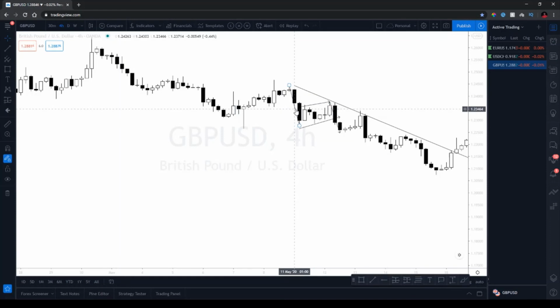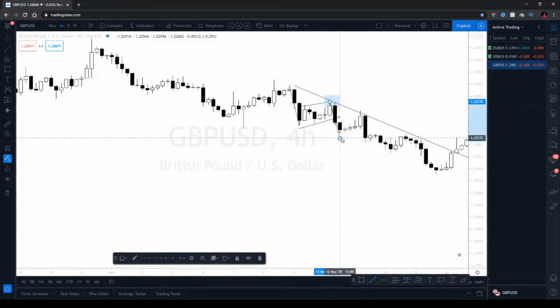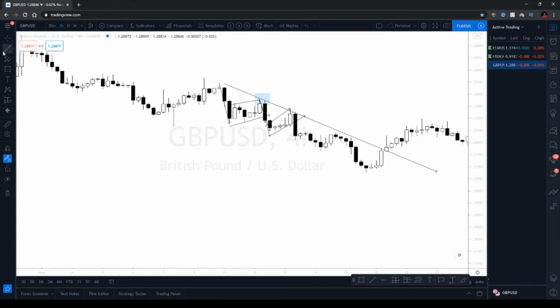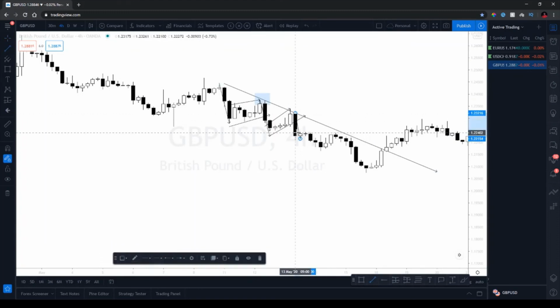That's when banks are involved. Then we have our retail traders that came in, pushed the market up, and we found an opportunity right here to enter for our sell. And we continue looking for those opportunities as long as we're underneath this downtrend. All right, we keep looking for them as long as we're under this downtrend.